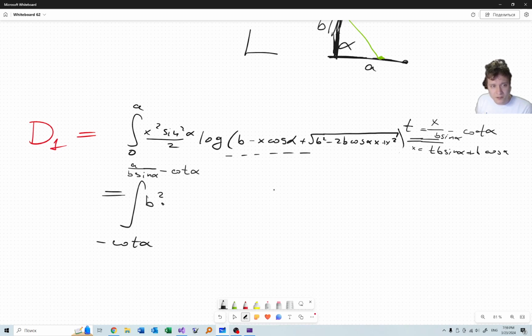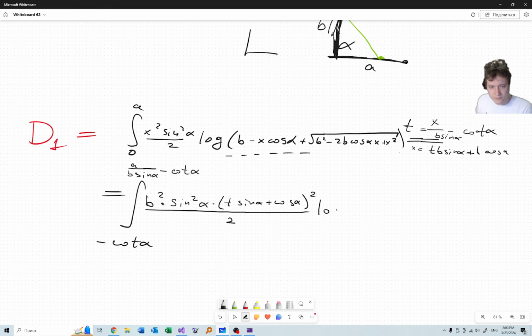It's b squared times sine squared alpha times what? So now we have here t sine alpha plus cosine alpha squared. All of this is taken over 2.